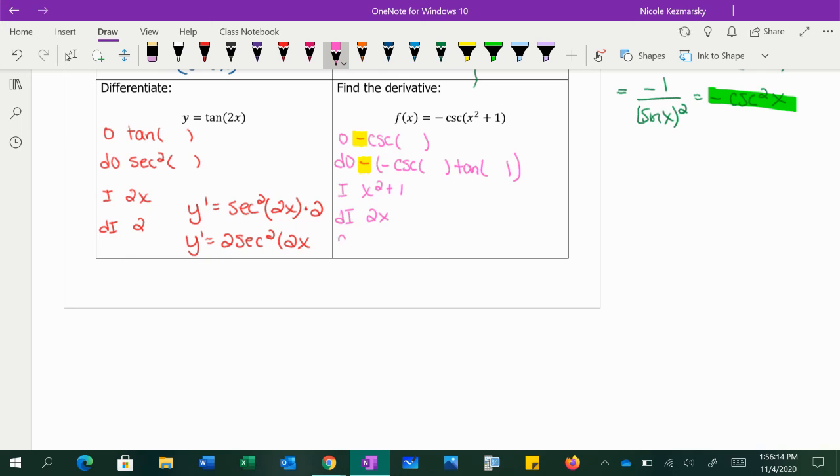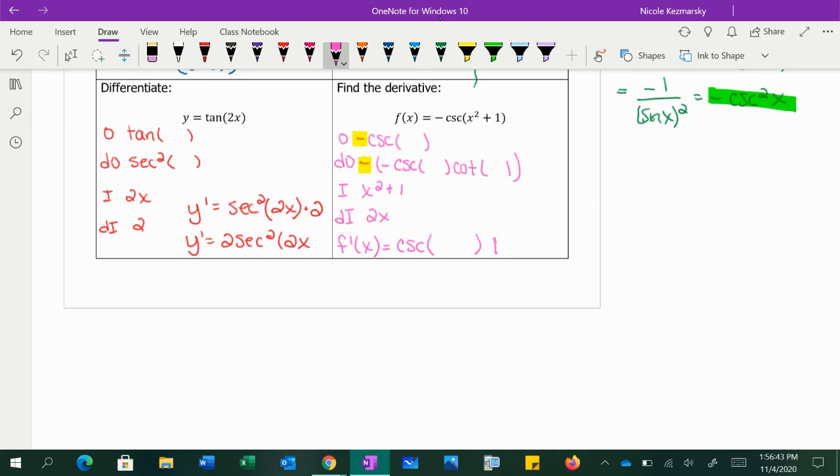So we're going to say f prime of x equals, we'll start with the derivative of the outer. Now we can get rid of the negative signs because it's negative, negative. So we're going to have cosecant, cotangent. Oops, I put tangent. Let me fix it. Cotangent. There we go.